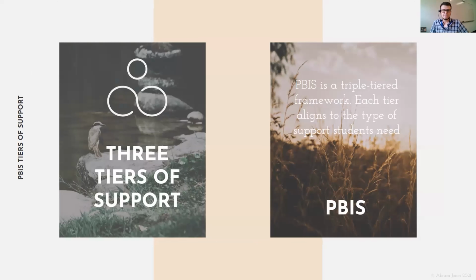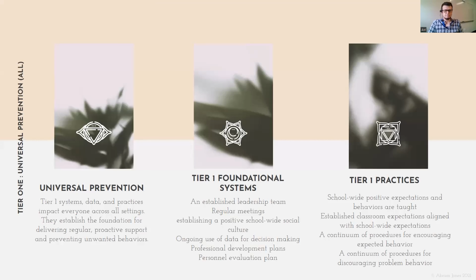Okay, so we talked about how PBIS has 3 tiers of support. It's a triple-tiered framework, and each one aligns to the type of support that students need. These are the tiers. Another way to say tier would be level or layer, I guess.